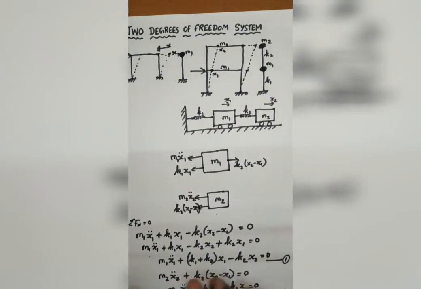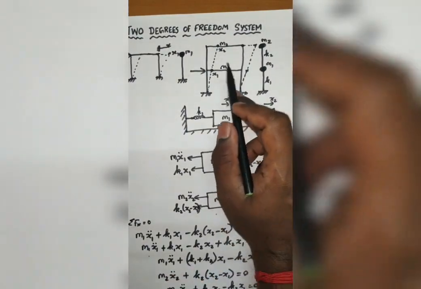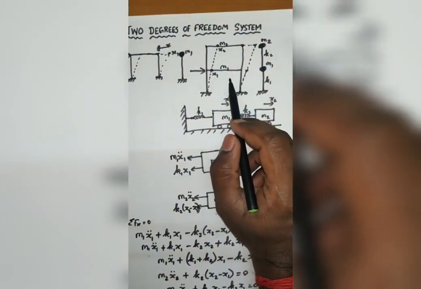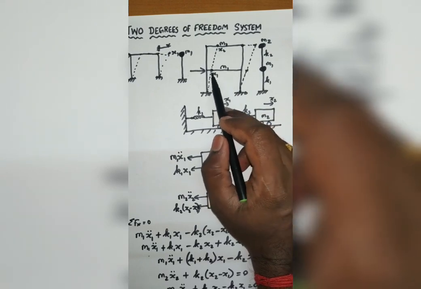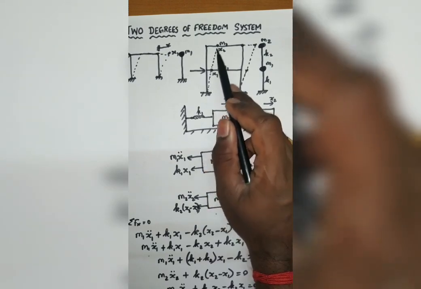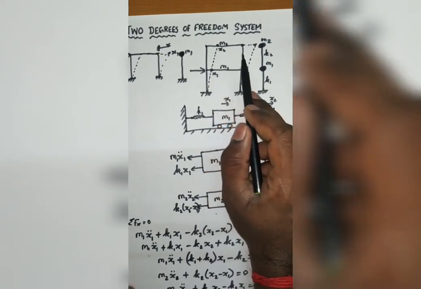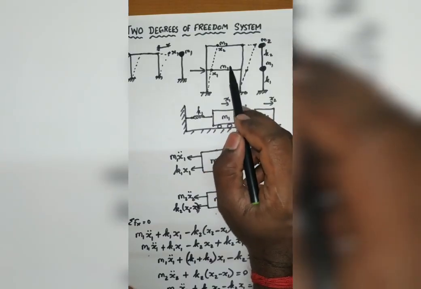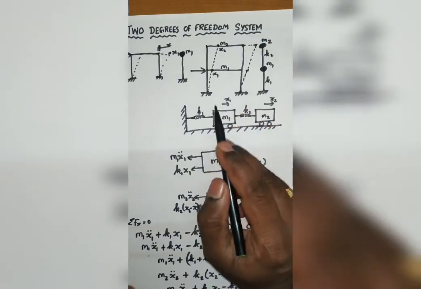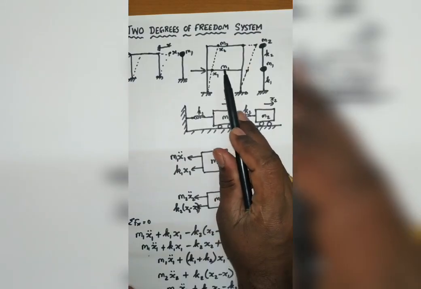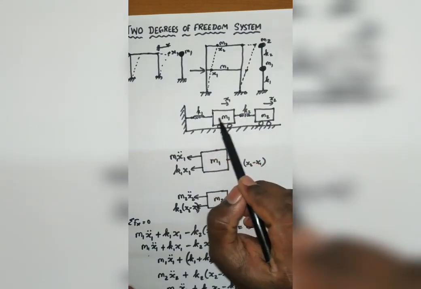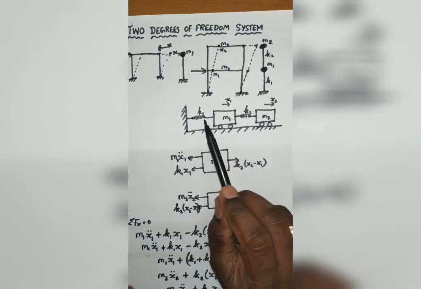A quick recap. Here, this is the structure for a 2 degrees of freedom system, in which I'll be having two coordinates to represent the position of the structure. Okay, that's why it is called a 2 degrees of freedom system. And the mathematical model: I have two masses M1 and M2, which I drew here. Stiffness will be there.